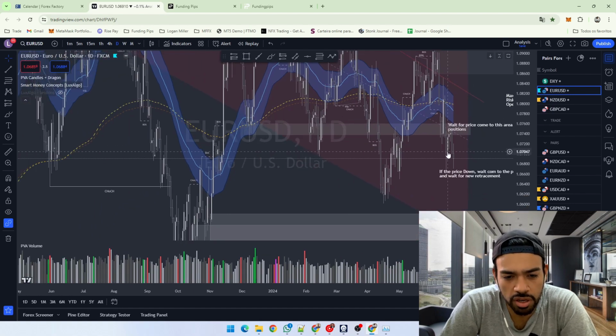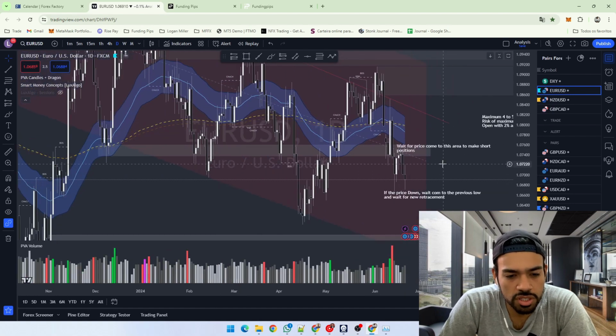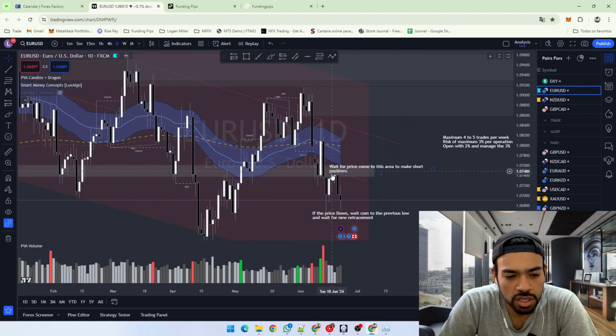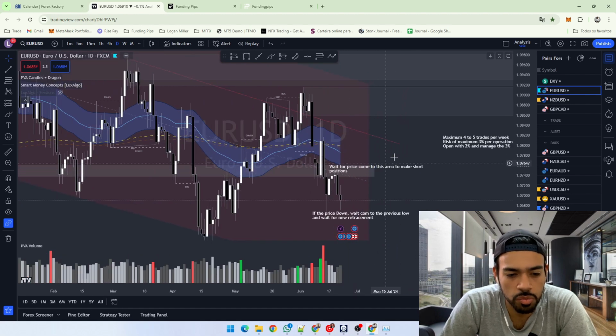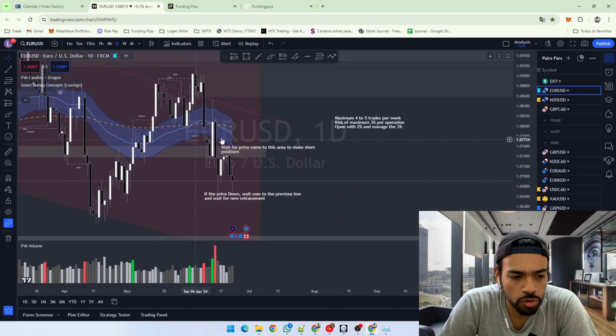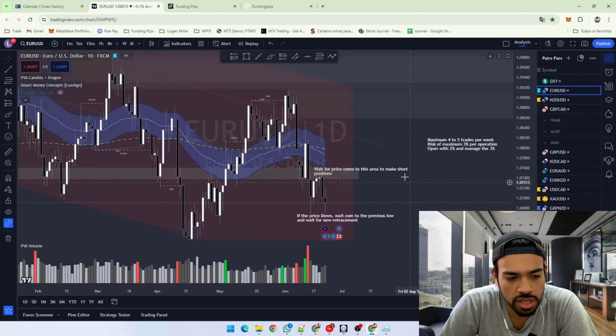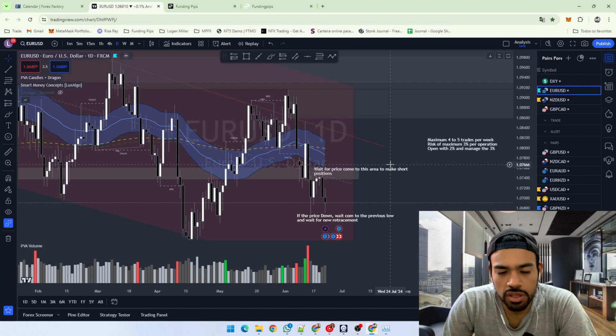The price is around here. So I trace this area, and when price comes to this area, I will look for the patterns to make my entry. I traced this downtrend in daily, so if you have a downtrend in daily candles, we can just make short positions.